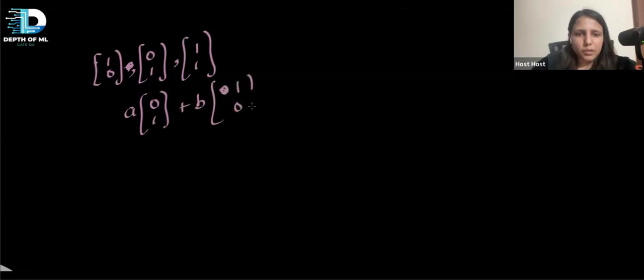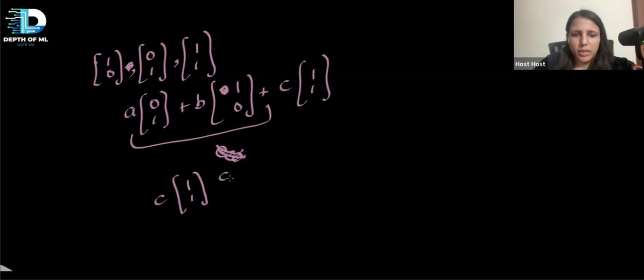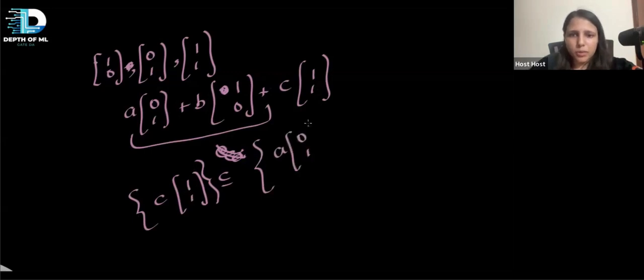So if I say that I will add this, here 1, is this not already covering, or I should say, C of 1, is it not already a subset of 01 plus B of 10?